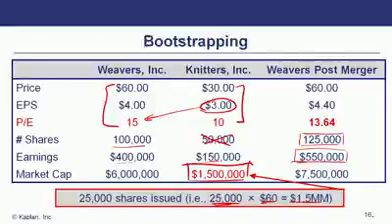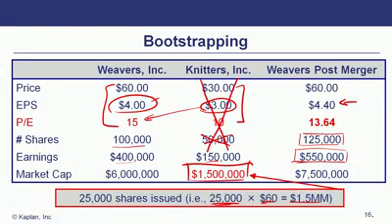So we've got $550,000 in earnings, and we have 125,000 shares outstanding. And the point here is that we now have an earnings per share of $4.40. That's just 550,000 divided by 125,000. So earnings per share have gone from $4 to $4.40.